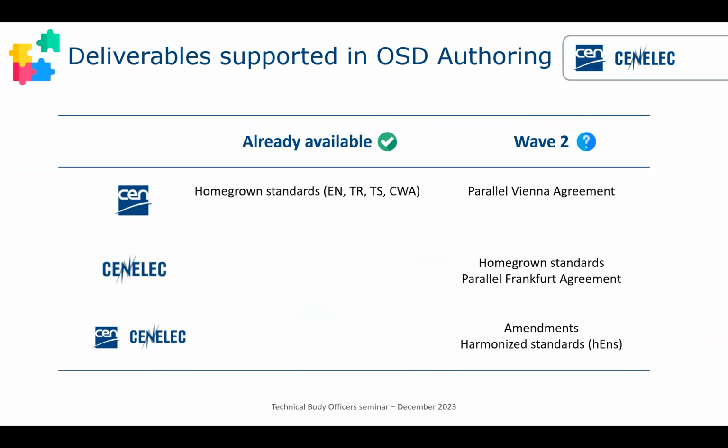So you may think that at the moment everything is covered in OSD, but it's not so simple. At the moment we are covering homegrown projects for ENs, TRs, DSs, and CWAs, because in terms of the lifetime of the project it is essentially the same. We are excluding harmonized standards because it's a little bit more complicated.